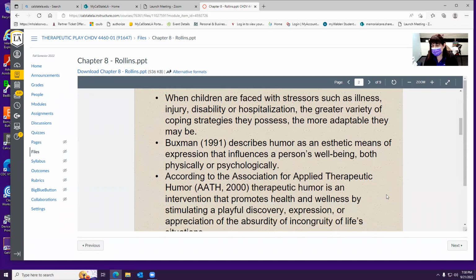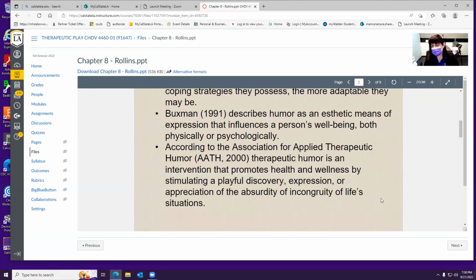According to the Association of Applied Therapeutic Humor, who would have thought there's an association? Therapeutic humor is an intervention that promotes health and wellness by stimulating a playful discovery, expression, or appreciation of absurdity, of incongruity, of life situations. Incongruities are things that don't make sense.